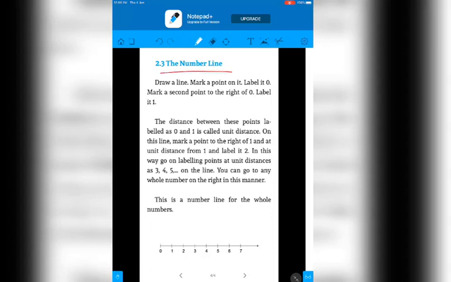The number line. Draw a line, mark a point on it, label it 0, make a second point to the right of 0, label it 1. The distance between these points labeled 0 and 1 is called unit distance.